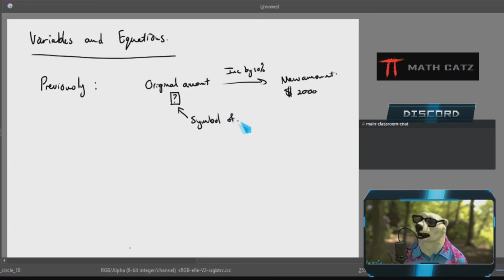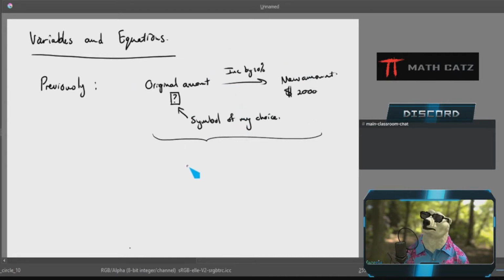A symbol of my choice, because I know that in the translation from all these words to the mathematical language, I would need to reference this original amount, because the decimal factor is multiplied and applied to this original amount.